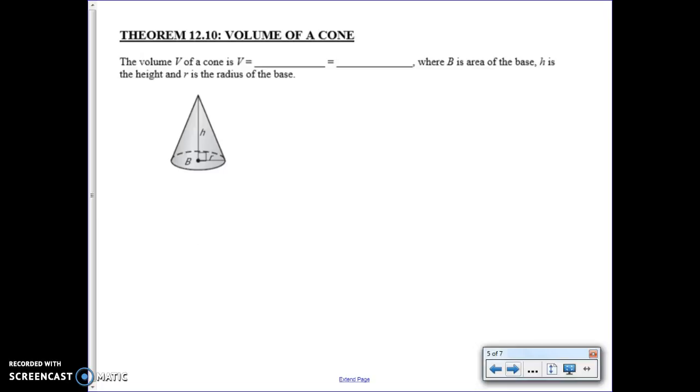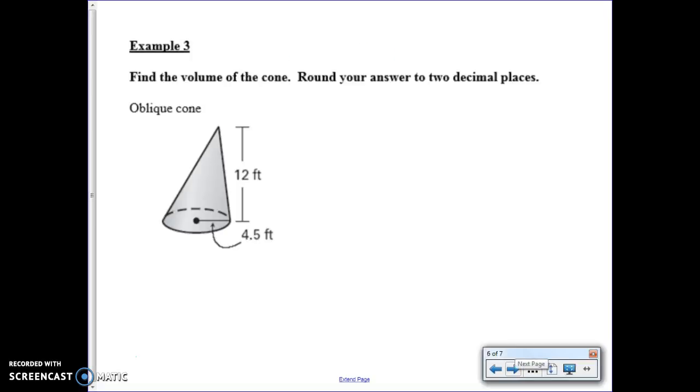That's okay. Alright, volume of a cone is just like when we're dealing with volume of a cylinder, that we're doing base times height over 3, but we know our area of the base is always going to be pi r squared. So we have pi r squared times the height divided by 3. So find the volume of this cone. So V equals pi r squared h over 3.